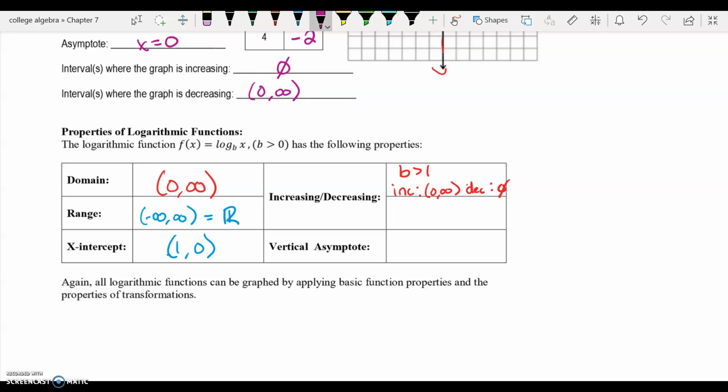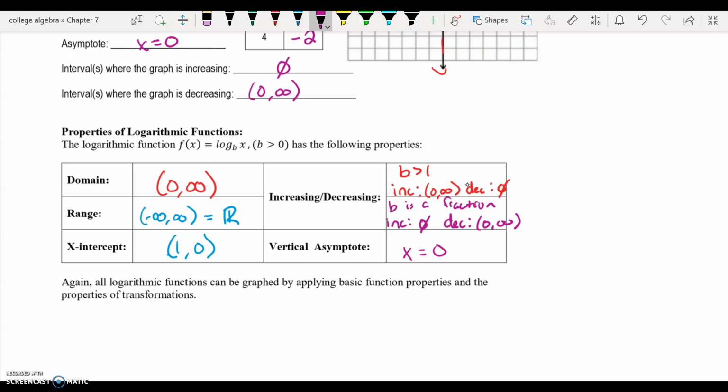If your base is a fraction, then there is no increasing, but it's going to decrease from 0 to infinity. The 0 to infinity is going to go with the domain. Do you see how they're related? They're the same thing, so that's going to change if the asymptote changes.